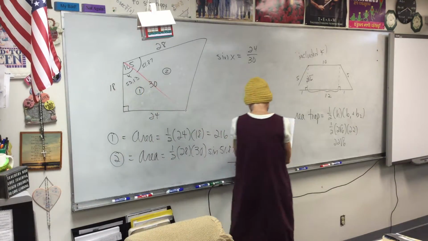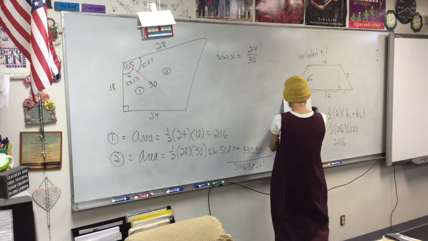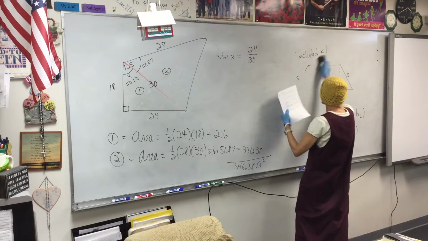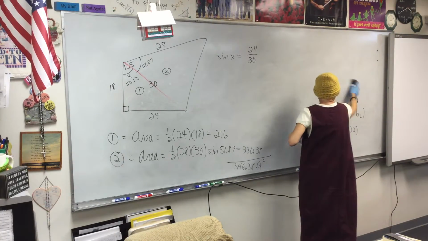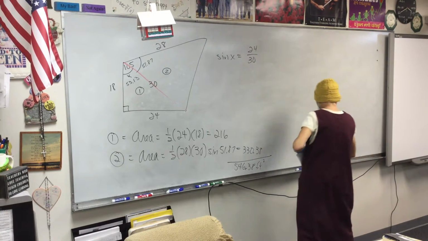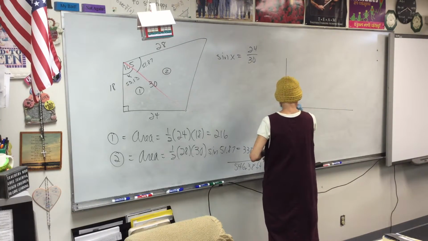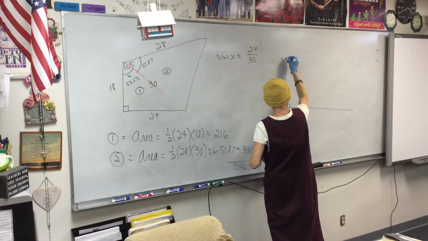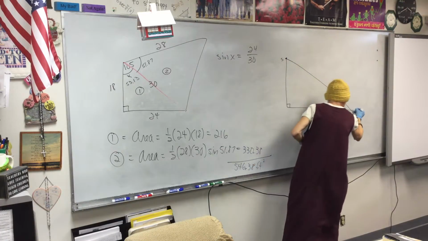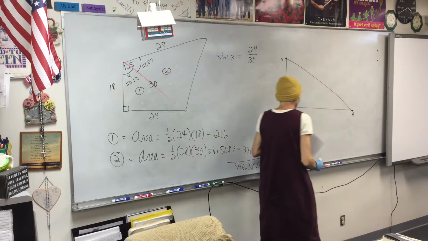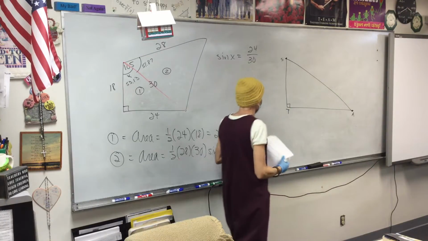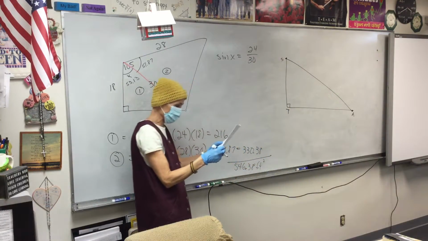Let's look at number 4. We have a squirrel in a tree spotting an acorn. So here's the ground, here's the tree, here's the squirrel, here's the acorn. Does that picture make sense to you?